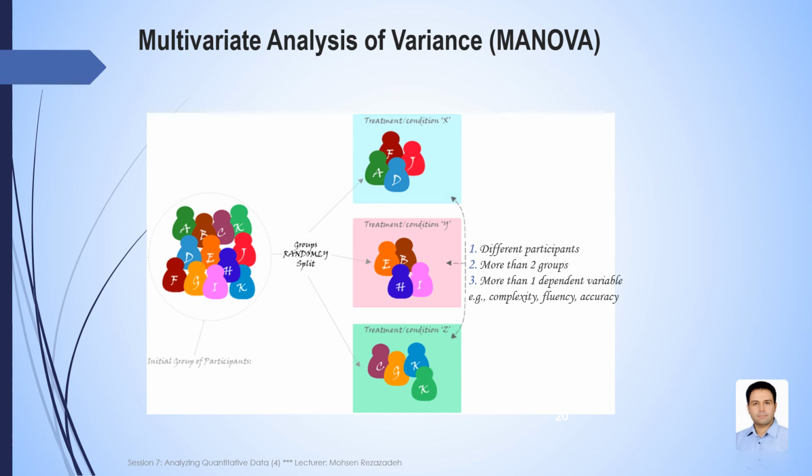Here it is just like the condition in which we run 3 ANOVAs. For example, 1 ANOVA for complexity, 1 ANOVA for fluency, and 1 ANOVA for accuracy. But it's better to use MANOVA because in one analysis you can in fact do something like 3 ANOVAs.